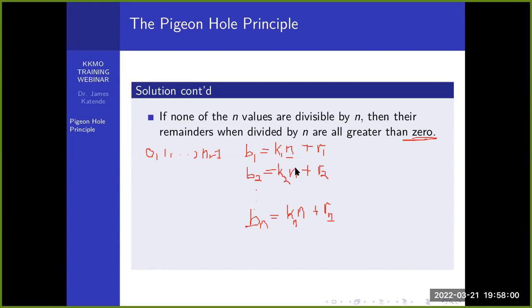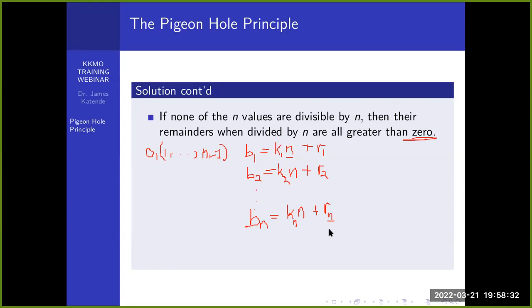But remember, all our remainders are non-zero, so this is a set of n minus 1 numbers. If I have n minus 1 numbers and I want to make a list of n numbers out of them, I have to repeat one of these numbers, right?